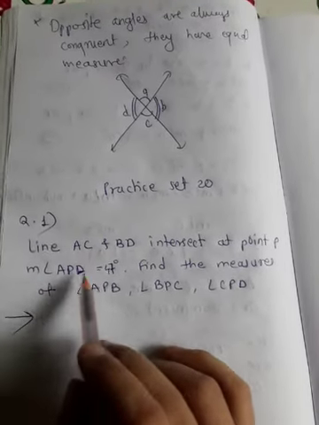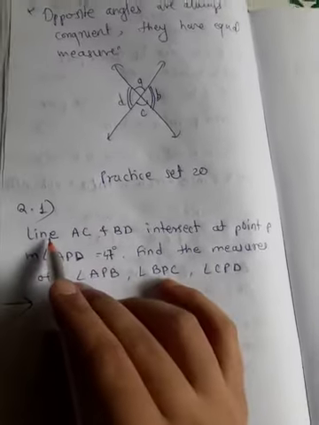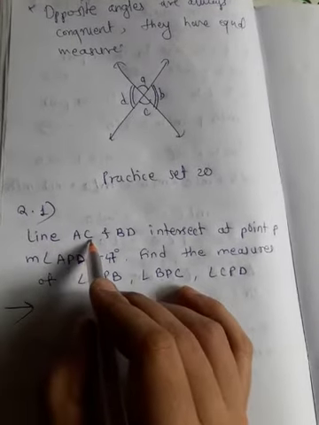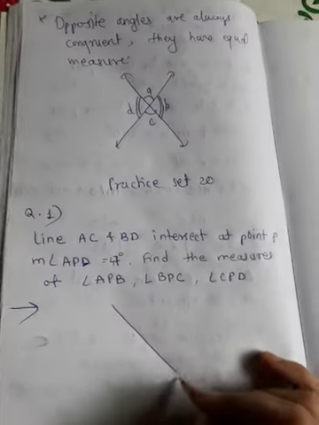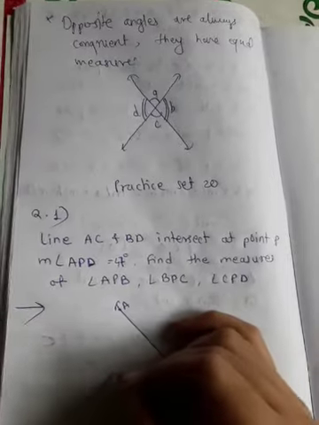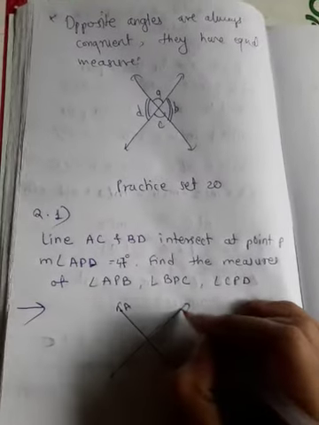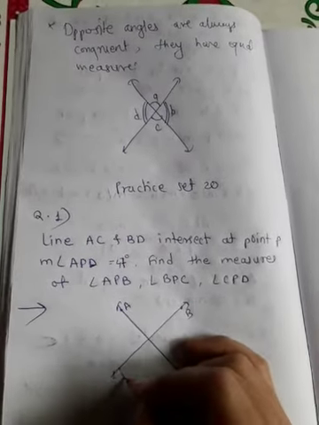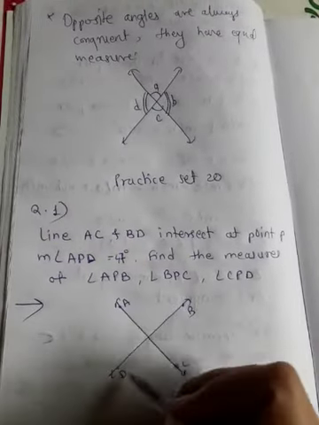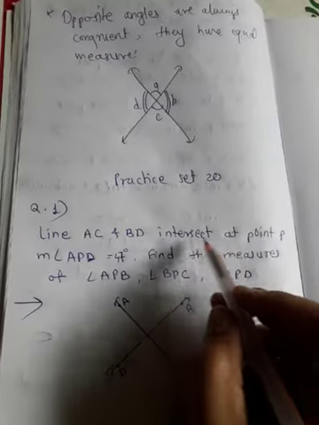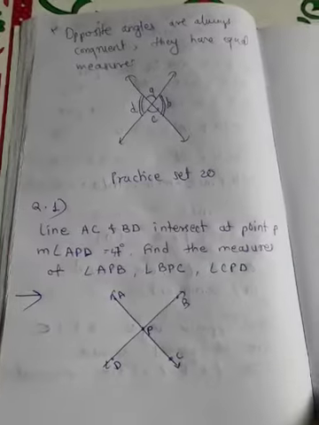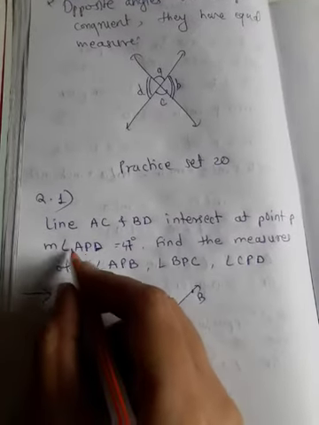We are given only the measure of one angle. Now see what they have given. Line AC and line BD intersect at point P. Means we have to draw line AC and line BD, which are two intersecting lines, and they intersect at point P. They have given the measure of angle APD.